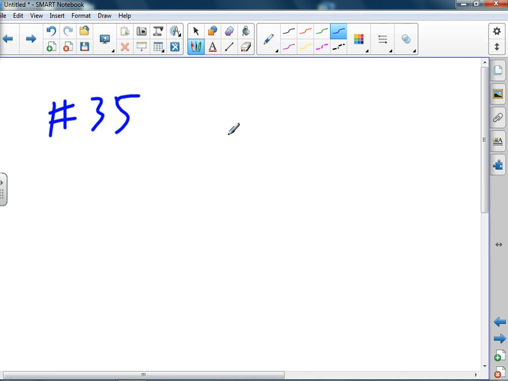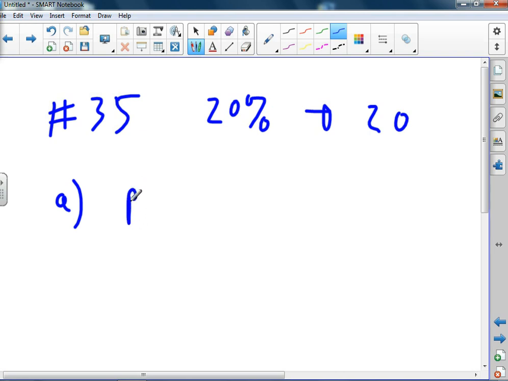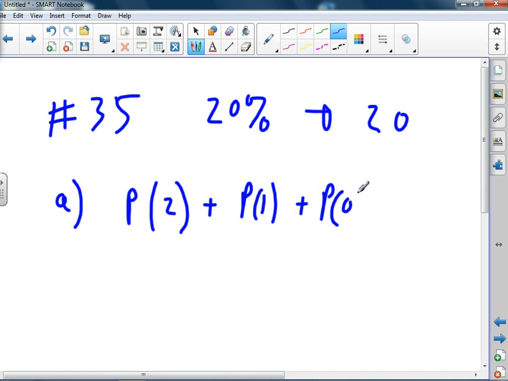So 20% normally go, and I have 20 students in total. I want to find the probability that 2 or fewer withdraw. So I want the probability that 2, the probability that 1, and the probability that 0. I'm going to add those together.